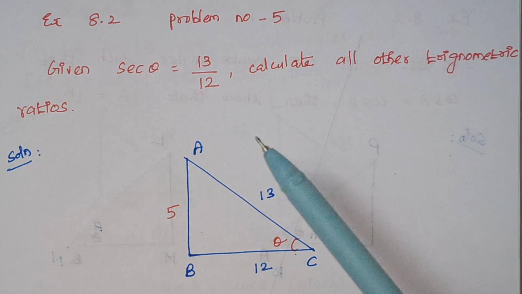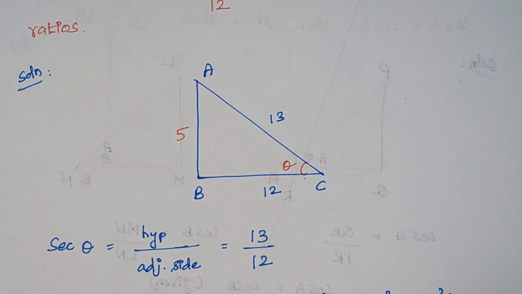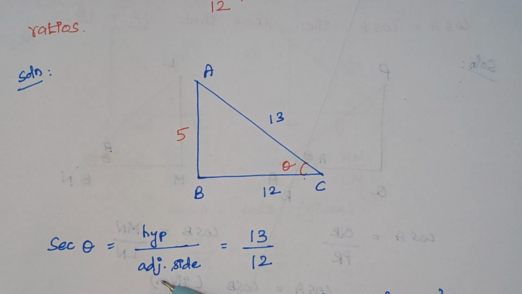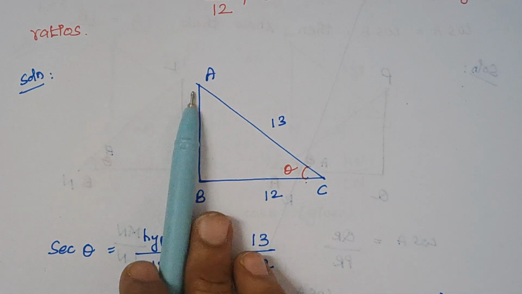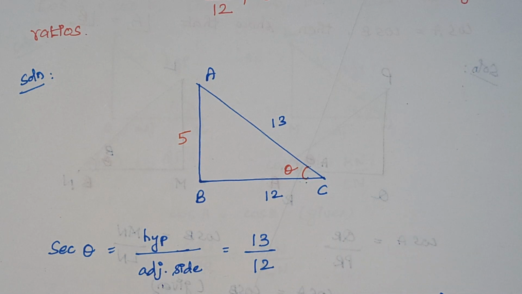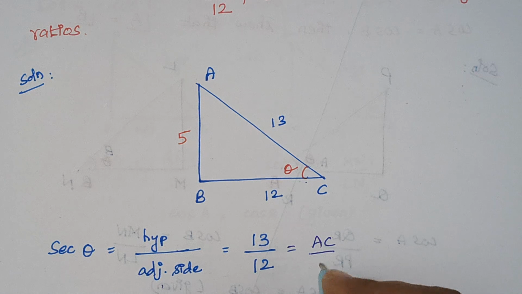What is the formula for secant theta? Secant theta is nothing but the reciprocal of cos theta, therefore hypotenuse by adjacent side. To this angle theta, the hypotenuse is AC, and the adjacent side is BC. So AC by BC.